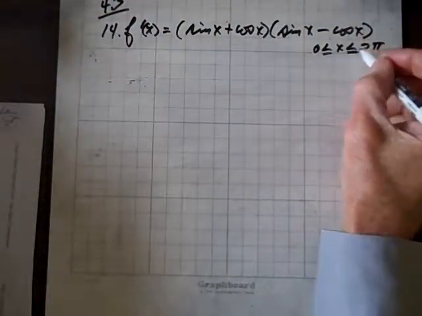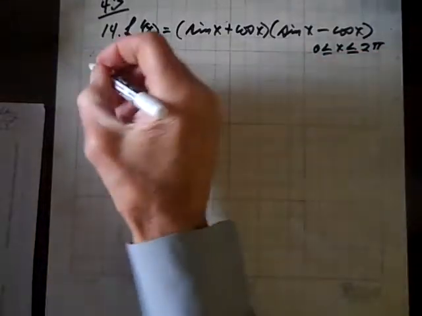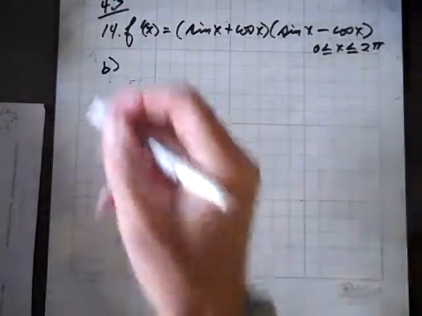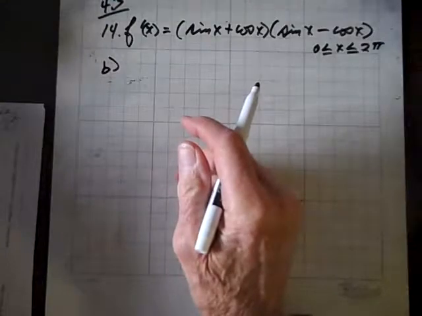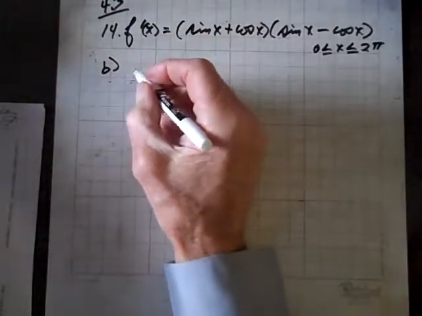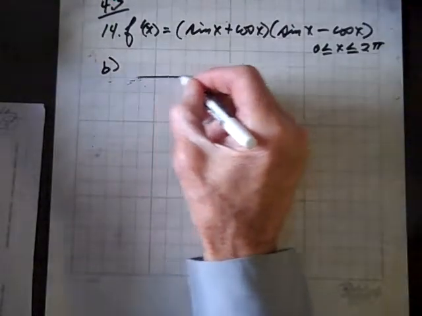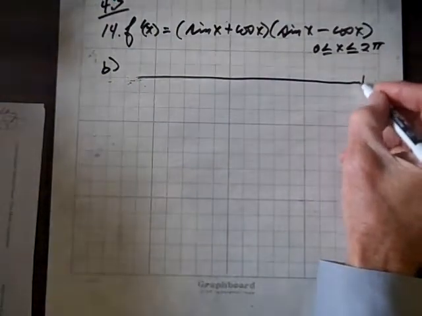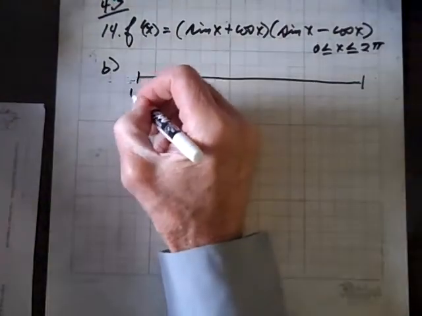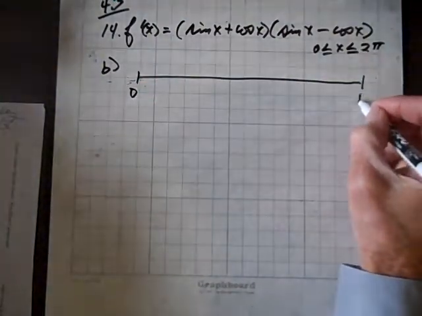And we've got an equal sign, and this is a 2. And so for part B, it wants to know on what intervals is f increasing and what intervals is it decreasing. So we'll draw the number line from 0 to pi.